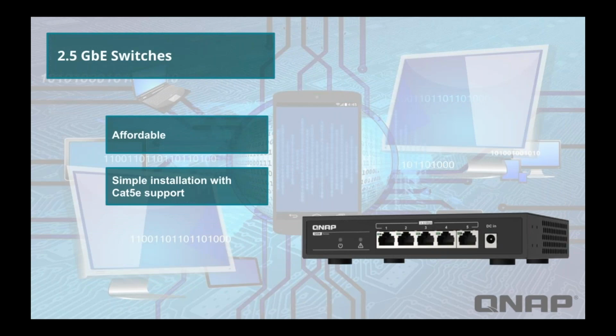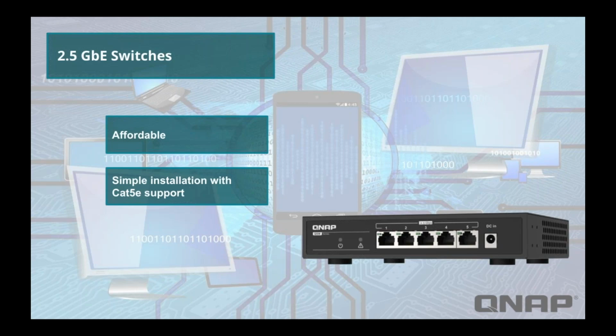So looking at 2.5 gigabit Ethernet, while single gigabit speeds have been common, we're quickly seeing 2.5 gigabit being adopted more and more. And as the name would imply, it has a theoretical max speed of 2.5 times that of a single gigabit Ethernet connection.